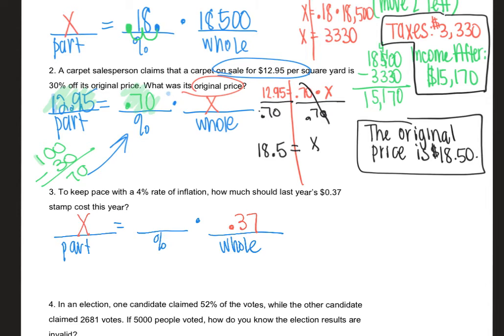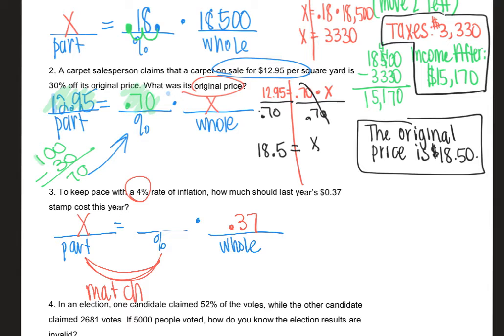Now, we do know the rate of inflation, but here's the thing. It's inflating by 4%. You're still paying for all of what it cost last year. So you're paying the whole 37 cents, but then you're paying more on top of that.